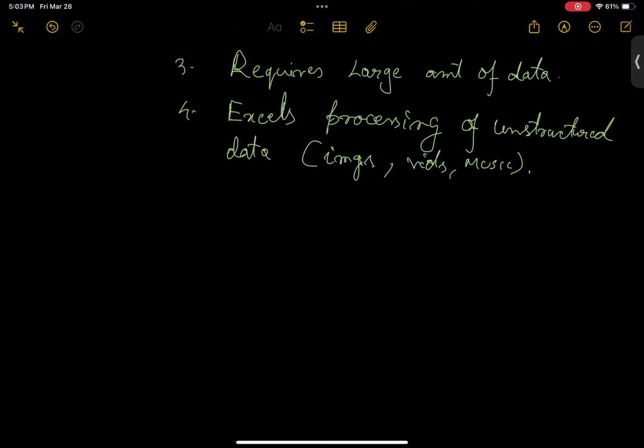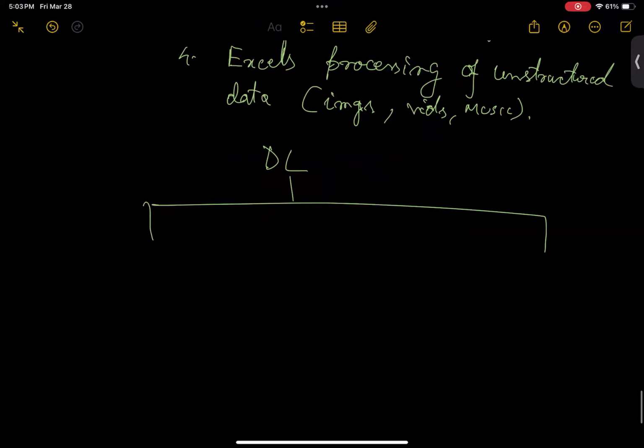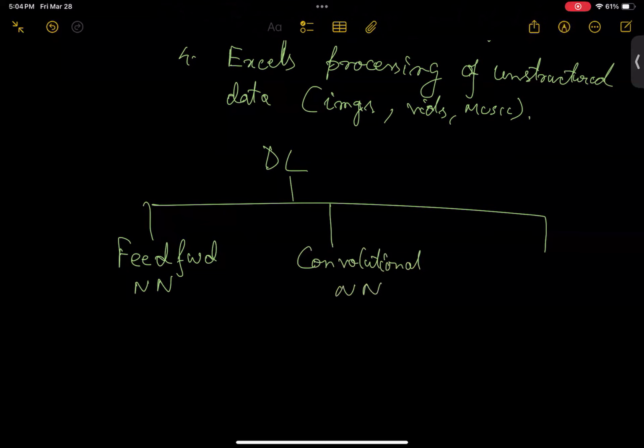So in the deep learning framework, there are basically some categories. These are the feed-forward neural network, the second one was the convolutional neural network, the third one was the recurrent neural network, and the fourth one was transformers.